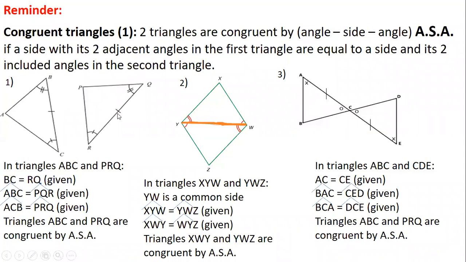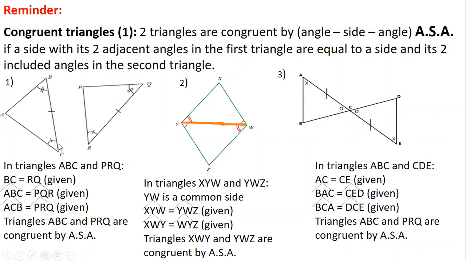What some of you did in the quiz was, listen to me, don't do it. They said AB is equal to PR. But do we have marks? We don't have marks, so we cannot use it in our proof. This is not given. They are not equal, guys. So we cannot use something not marked on the figure. Please keep this in your minds.